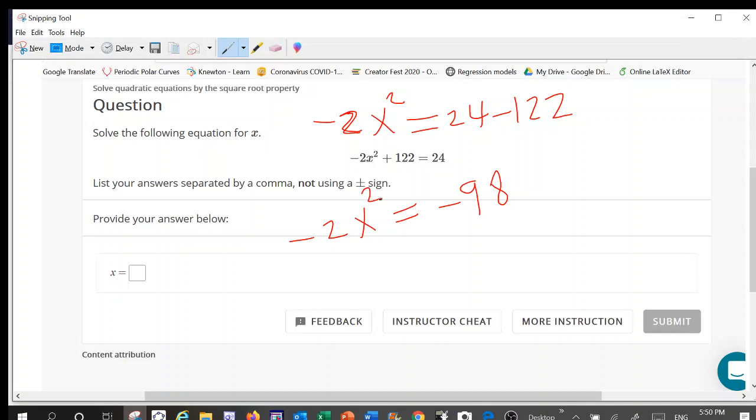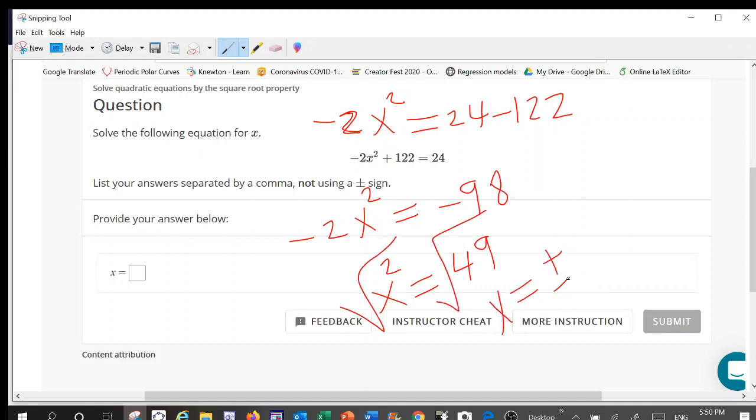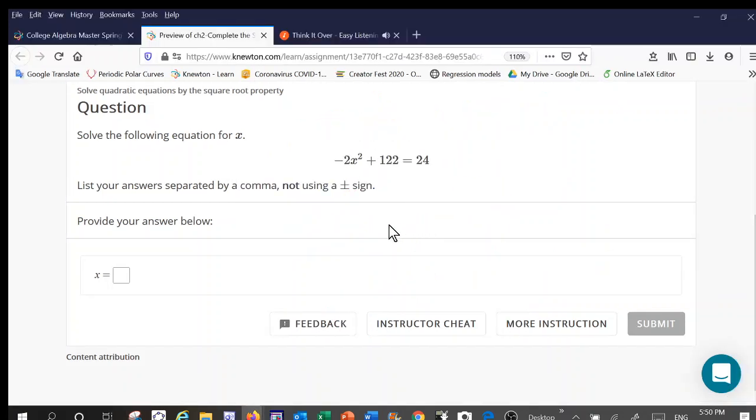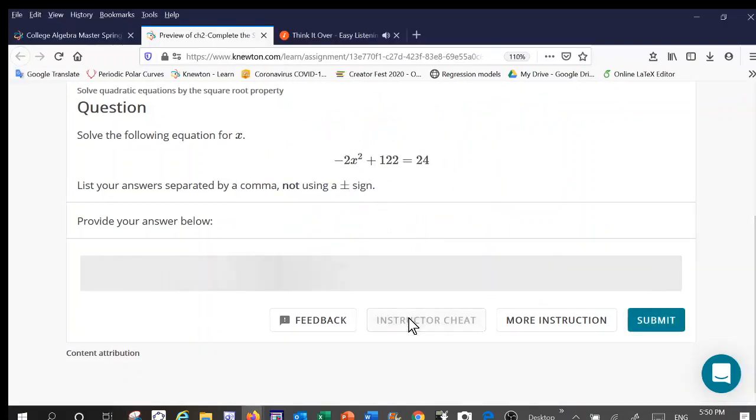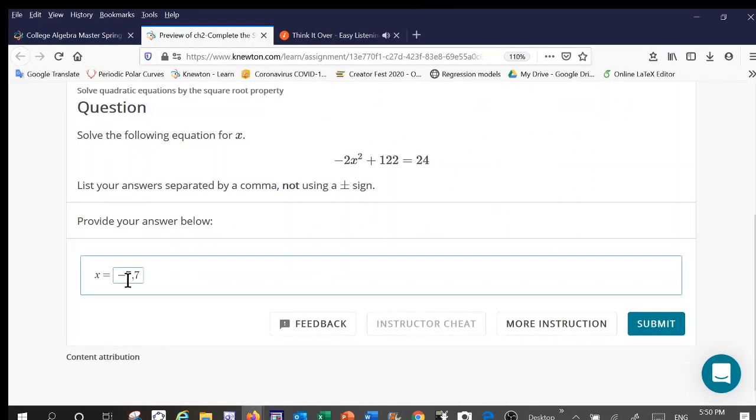So if you divide by negative 2, you get x squared equals to, what's half of 98? 49. So x is going to be, you take a square root of both sides, plus and minus 7. So that's the answer. That one is easy because it's already in the form that we like it. So you write it as negative 7 comma 7.